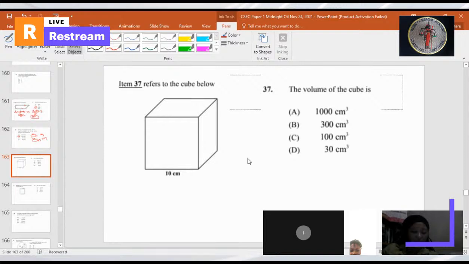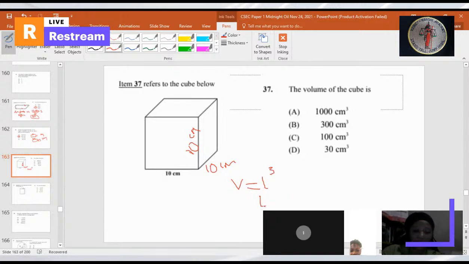Item 37 refers to the cube below. So we know a cube is a square box and they want the volume. So in a cube, because it is a square box, the length is 10, the width is also 10, the height is also 10, because all sides are the same. So the volume would be length times width times height. So volume of a cube is the length cubed.